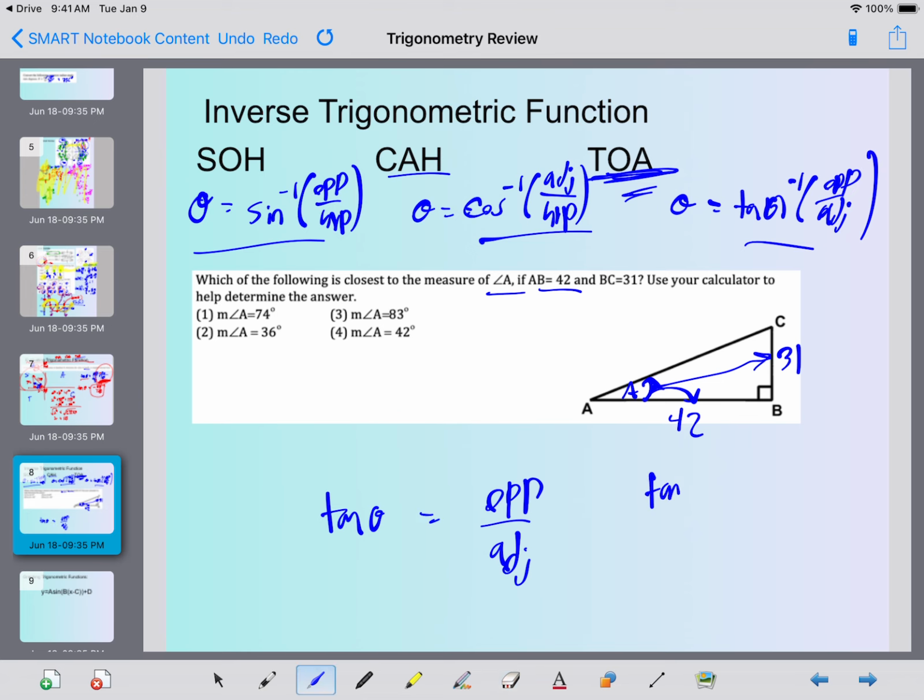So tangent theta equals your opposite, 31, over adjacent. We want to find the angle. If we're trying to find the angle, you have to use the inverse trig function. So when you take the inverse of any function, you switch the input and output.